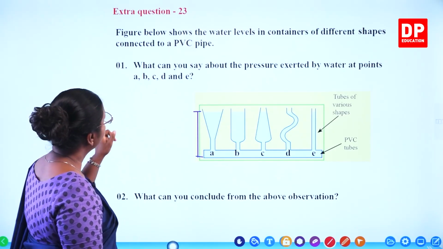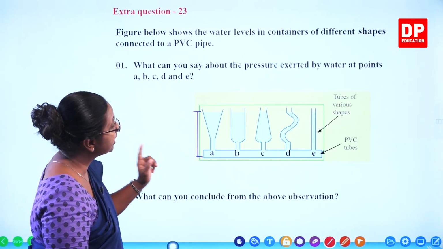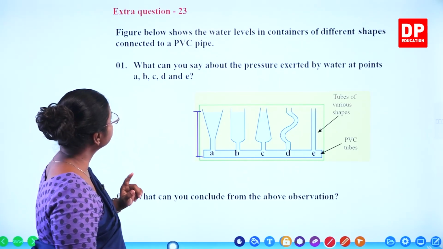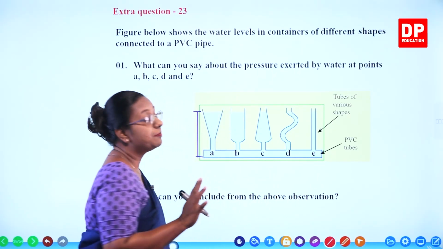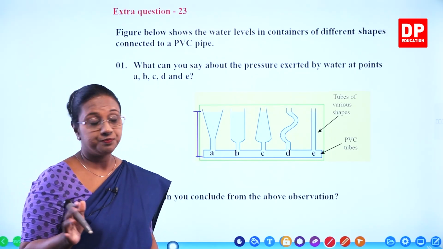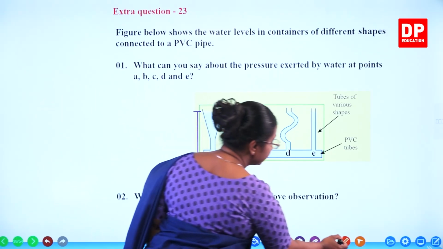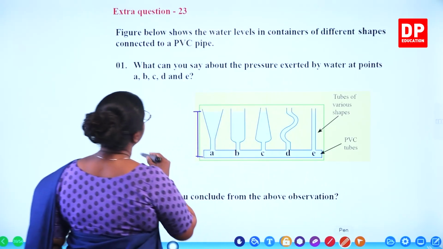So from this, what can you say about the pressure exerted by water at points A, B, C, D and E? At all these points, the pressure is equal. So that is what you can say from the activity.